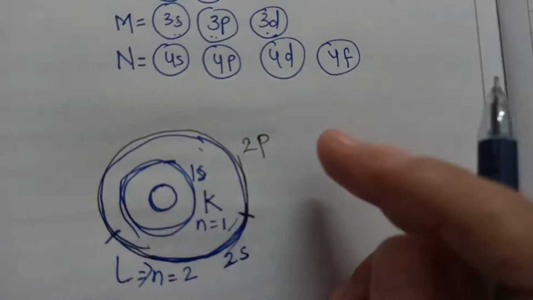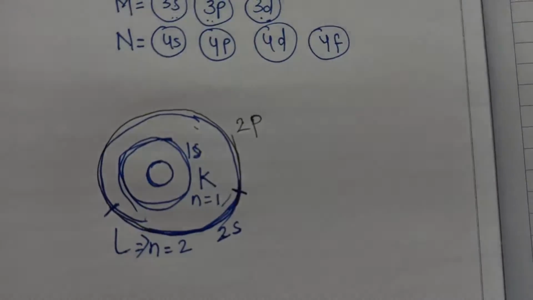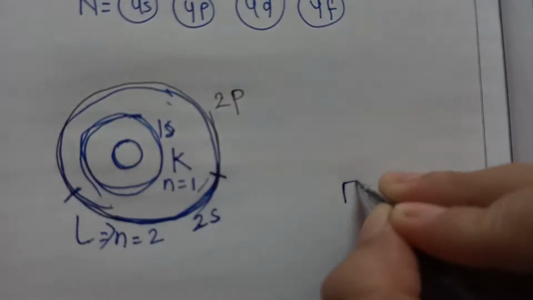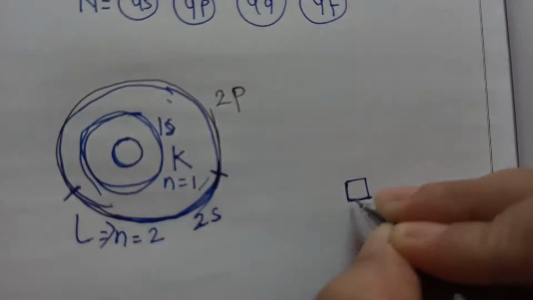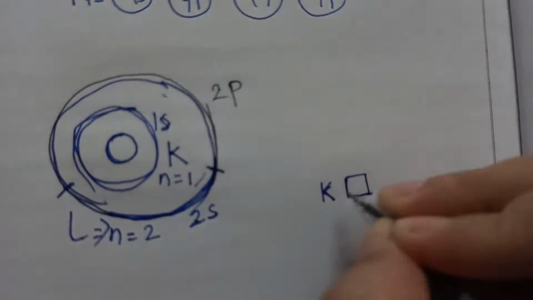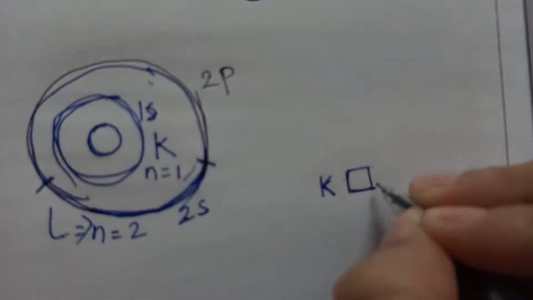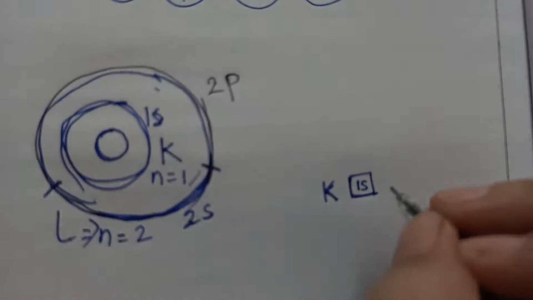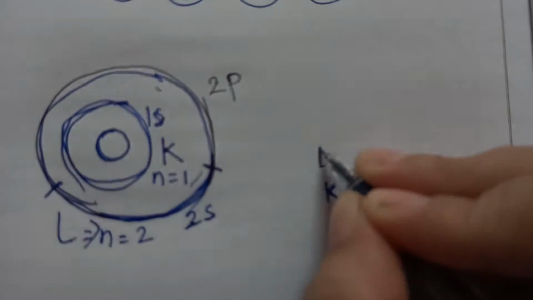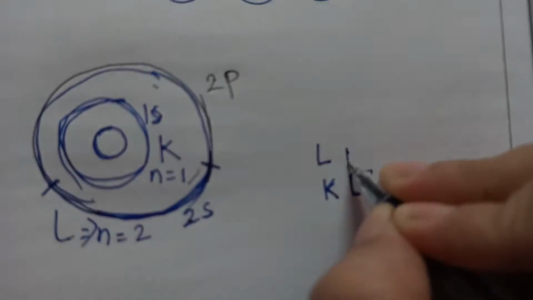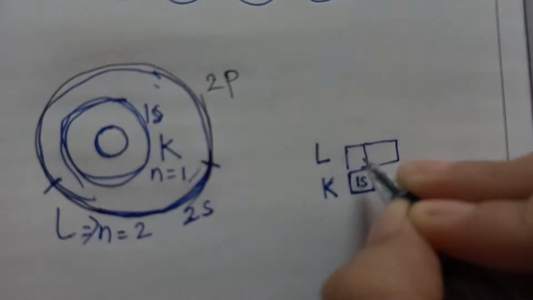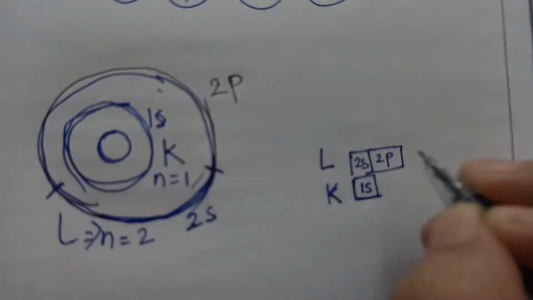You can understand it with one real life example. Suppose there is a building whose ground floor is called K floor and it has one house whose name is 1s. Then the next floor is L floor and it has two houses, 2s and 2p.